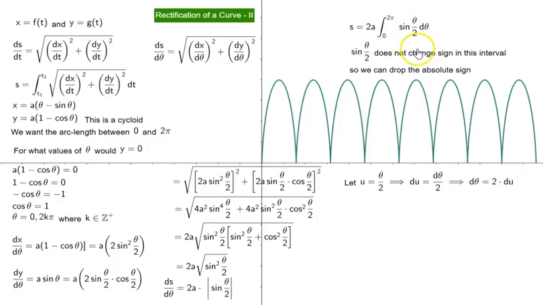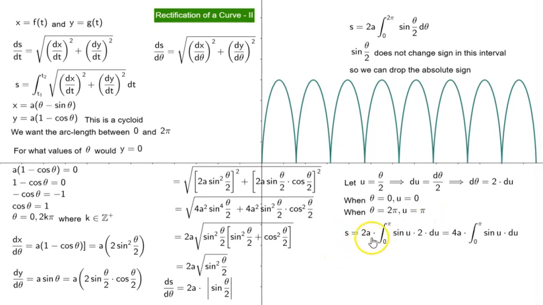Now, very quickly, let's integrate this. Let u equal to theta by 2, which implies du is equal to d theta by 2, which implies d theta is equal to 2 times du. When theta is equal to 0, since we are doing substitution, we have to take care of the limits. So when theta is equal to 0, u is 0. And when theta is equal to 2 pi, u is equal to pi.